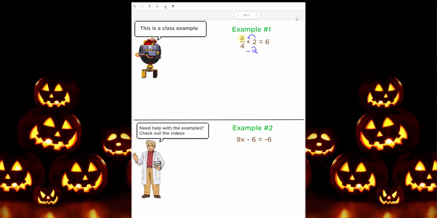And remember, because equations are like scales, if we subtract 2 from the left side of the equal sign, we need to do the exact same thing to the right side of the equal sign. So positive 2 minus 2 equals 0, ladies and gentlemen, which means that it cancels out.